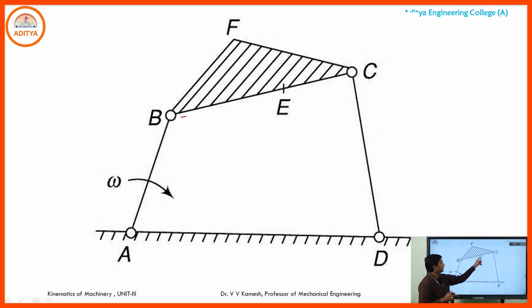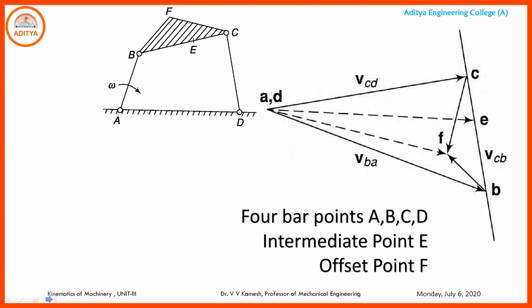After that we will consider the intermediate point E and offset point F. Whether it is a 4-bar mechanism or an extended version like 5-bar, 6-bar, 7-bar, with different compositions and physical parameters, with sliders or revolute joints, any type of joints. Initially we are considering revolute joints here: A, B, C, D, all 4 are revolute joints. This is the basic 4R mechanism.